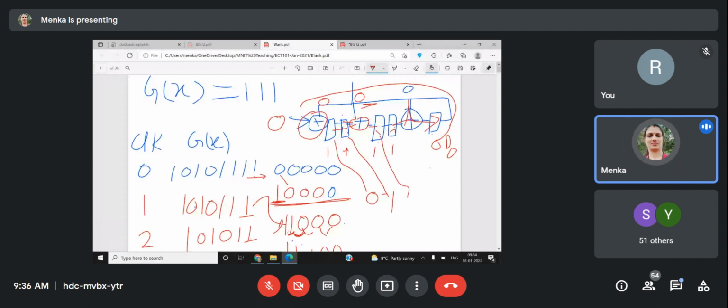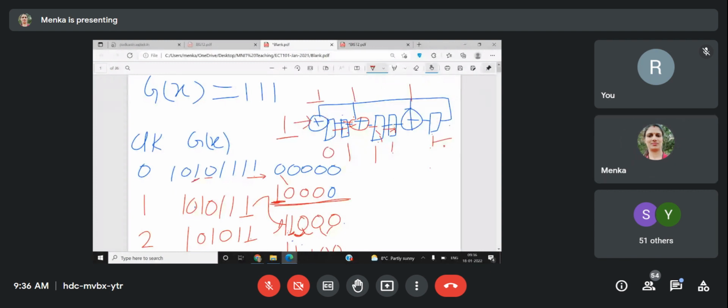This 1 means D0 is 1, so this is going here, here and here. Let us calculate the first from D4. This 1 XOR with 1, क्या आएगा यहाँ पर? The content of this is 0. This 0 is getting shifted over here, so this is 0.